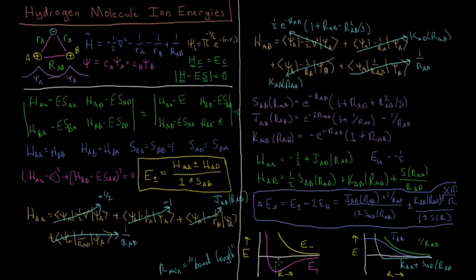And it predicts that there should be some minimum energy distance, and that would be what we would know as a bond length. So out of this very basic model, we've seen several very useful things which pop up in terms of what we think should be true about the properties of molecules.